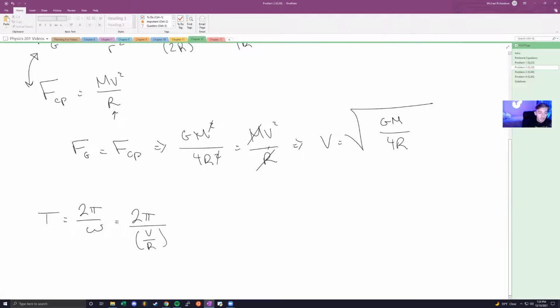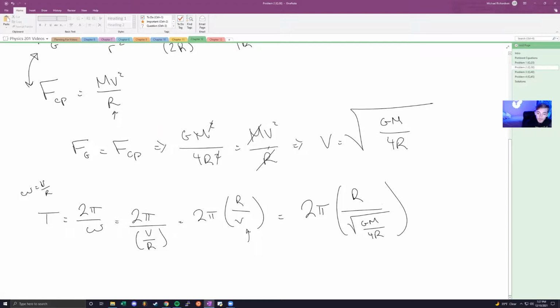Sorry, it's not going to be v squared over r. Omega is going to be equal to v over r. So this simplifies to 2 pi r over v. And we just solved for our velocity here, so we'll plug that in. So we get this is going to be equal to 2 pi times r over our square root of Gm over 4r.